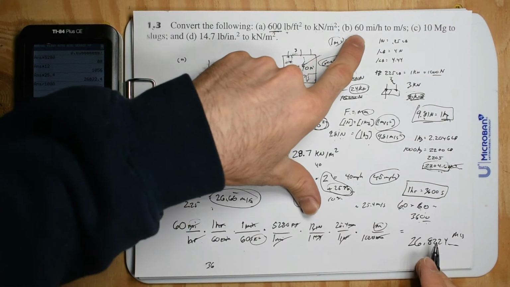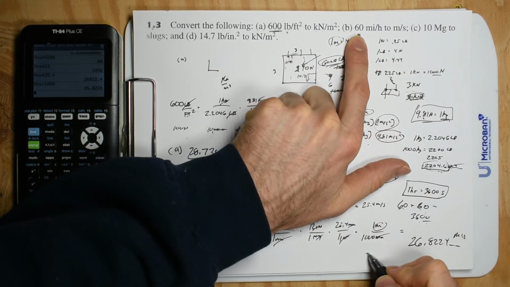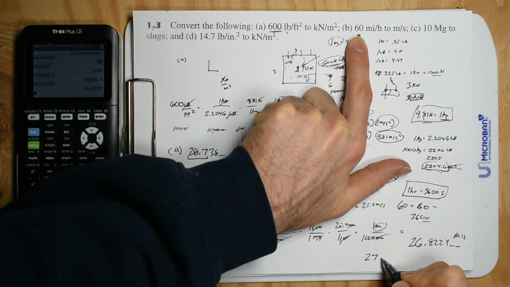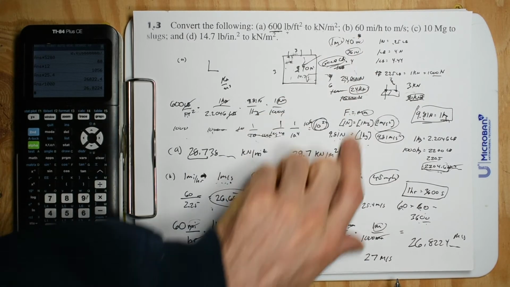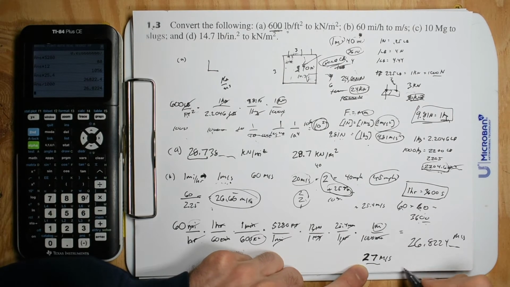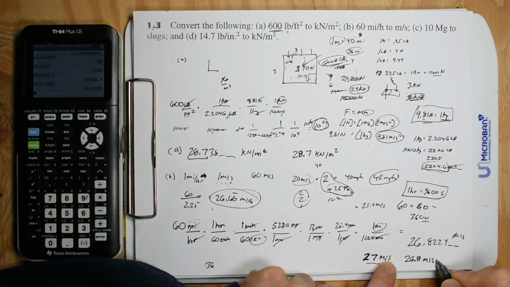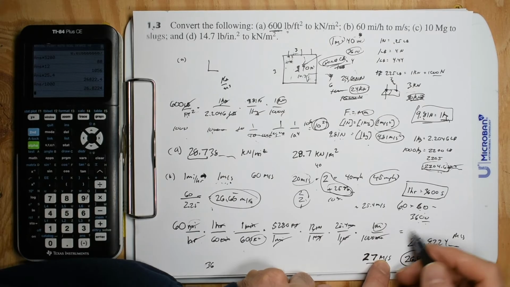And now we're going to say, is it just two significant figures? I would say this is 27 meters per second. But I don't know, you know what I mean? In physics, I don't think anyone's going to go crazy if you had three significant digits and said 26.8. It's going to be the wrong answer, but at least we kind of get it. You threw it into your calculator.